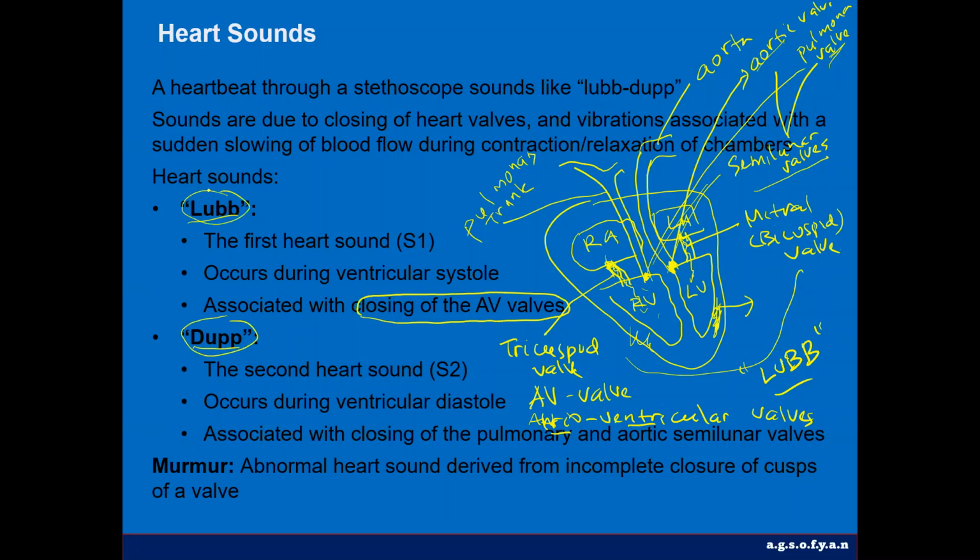You hear the lab dub sound, and this is coming from the closing of the valves in the heart. The lab is coming from the closing of the AV valves, and the dub is coming from the closing of the semilunar valves.